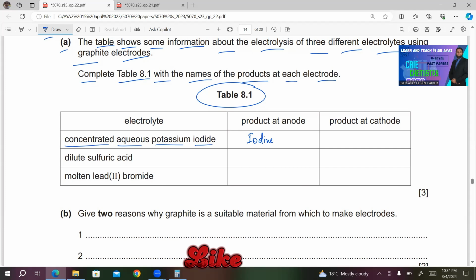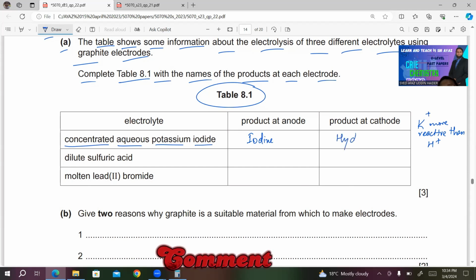What about the product at cathode? Potassium is more reactive than hydrogen. K positive ion is more reactive than H positive ion. So we'll get hydrogen gas at cathode. The other reason is that K positive ion has high difficulty of discharge or low ease of discharge.